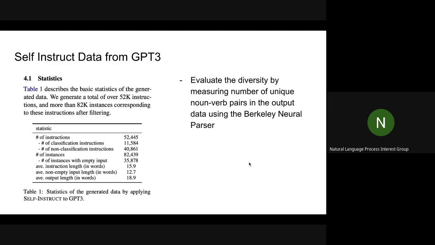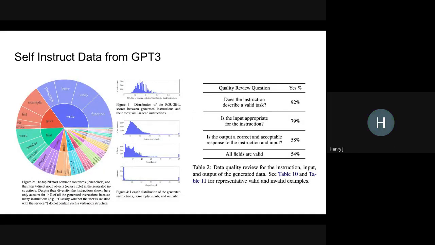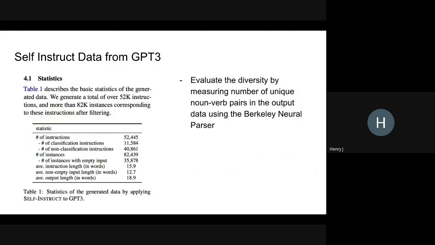One quick question: is that 82K per instruction or overall? Overall, yeah. Okay. I think some instructions may have more than one input-output pair, and some just have one. So that's why 82K is a little bit more than 52K. That's what I'm thinking. Yep.